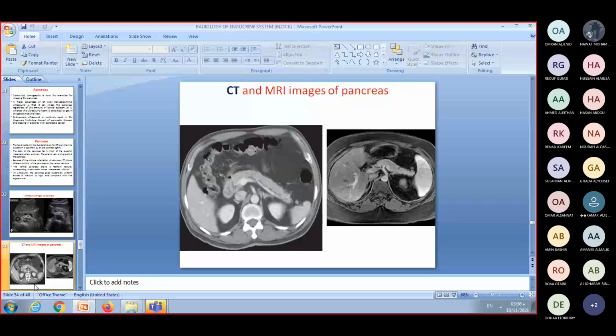If not, you can jump to transvaginal ultrasound. Transvaginal is also an invasive technique, done with insertion of the probe into the vagina. It is a minor invasive technique. If it is still not conclusive, we can go to MRI, according to the pathology and the patient presentation. But the initial investigation for assessment of the ovary is ultrasound.